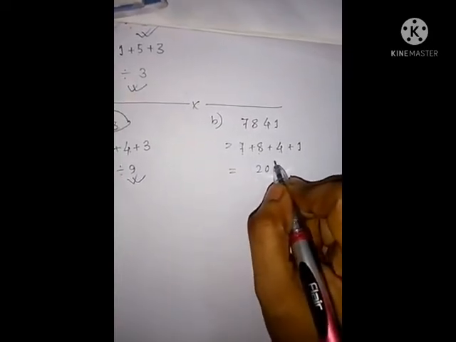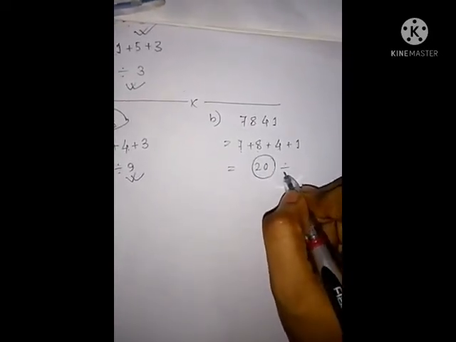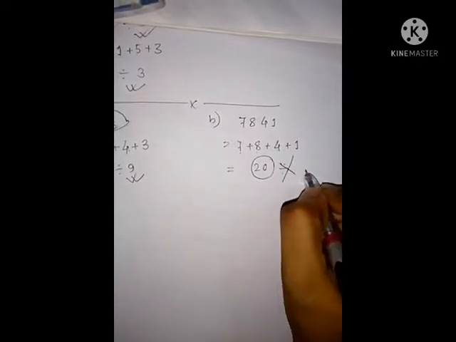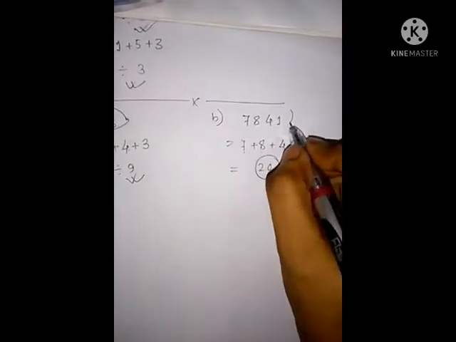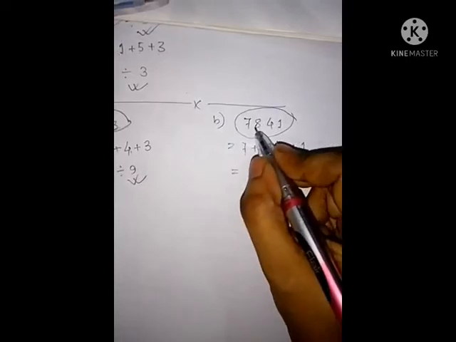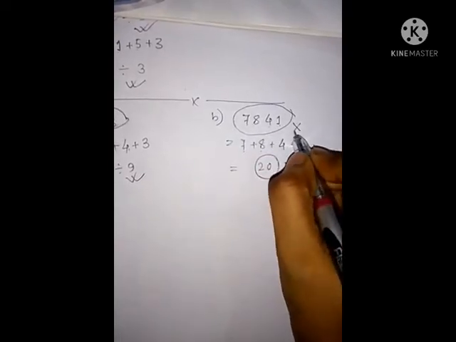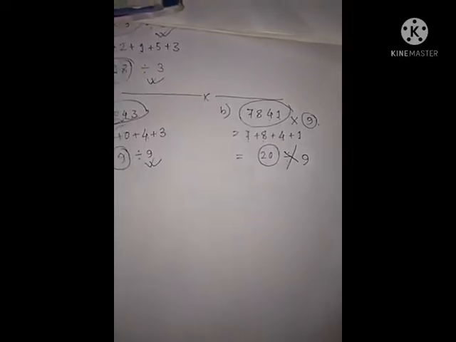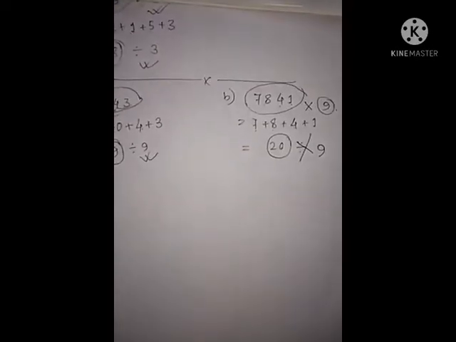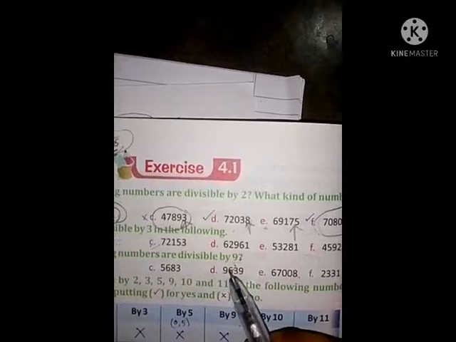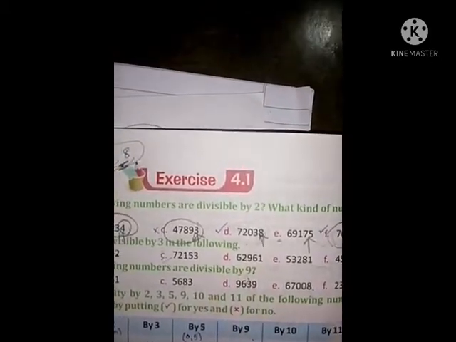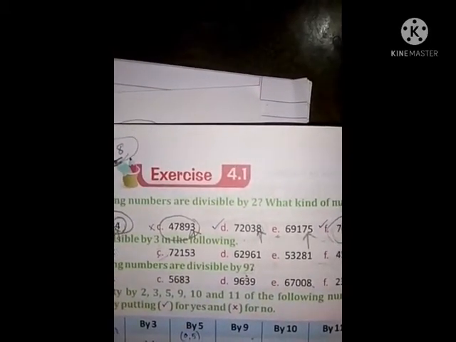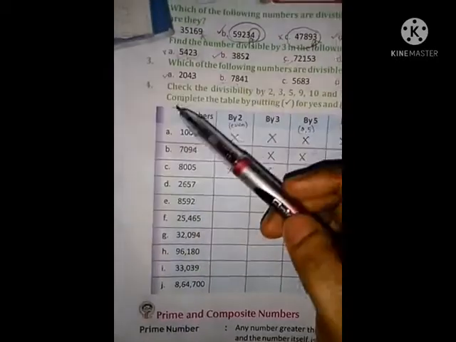So we know that 20 is not divisible by 9. Therefore 7841 is not divisible by 9. Understand students? So like this, you have to find out the others. Okay, this is your homework. You have to submit it to me. Now see question number 4.